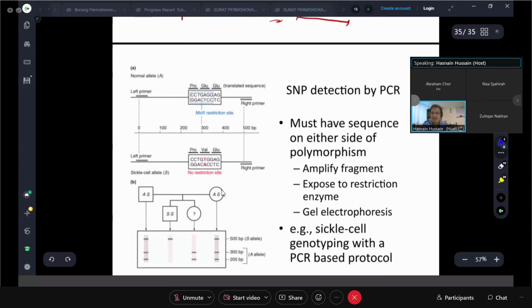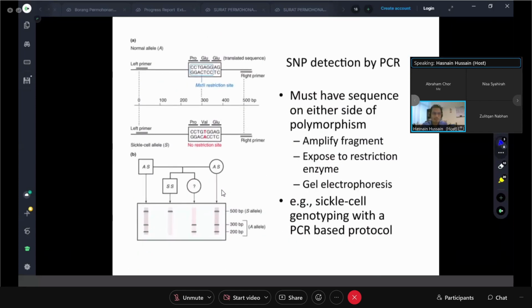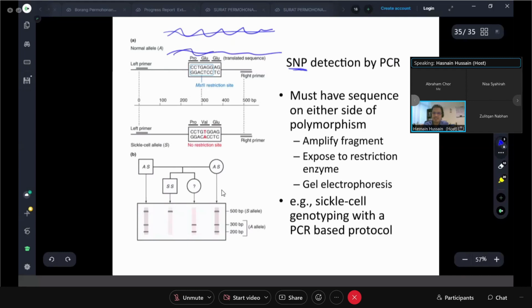Okay, all right, and then based on the polymorphism just now, earlier, for example, single nucleotide polymorphism. On the chromosome, this one is double-stranded DNA, right? So we have a pair of chromosomes, which is double-stranded DNA, represented by a single line like this.